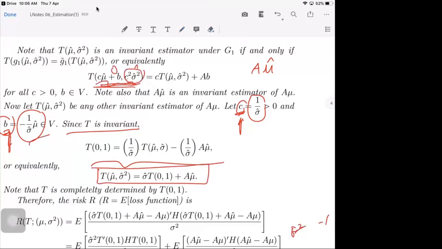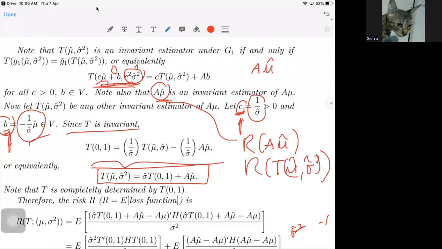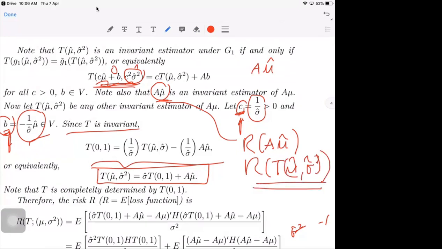Now, our aim here is to find the risk associated with A mu, or the expected loss function associated with A mu, and the risk associated with T of mu hat sigma hat. So what we want is that the risk associated with this will be greater than the risk associated with A mu.